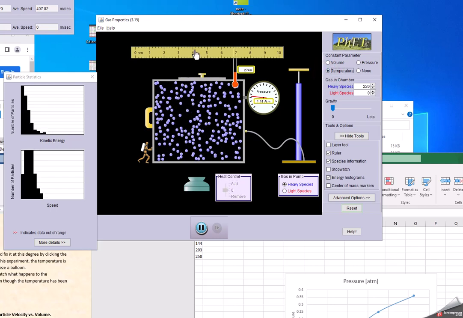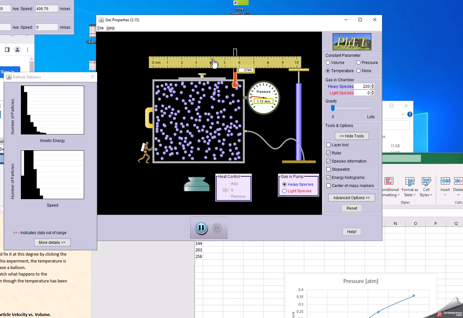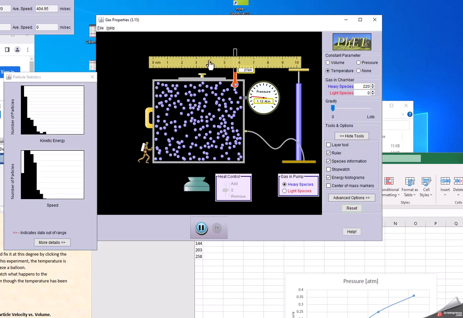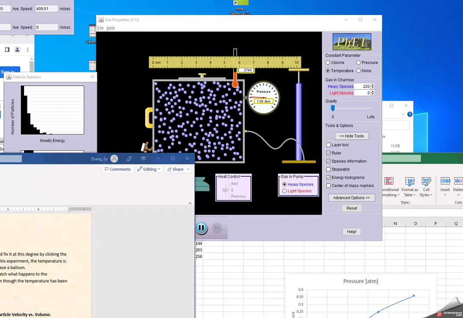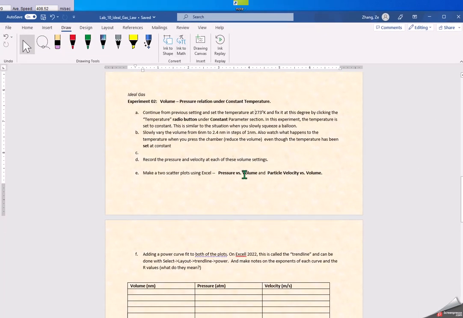Now we're going to vary the volume. The unit we just use, because we only change one side. Okay, where will it start? Actually we start from high volume, and slowly vary the volume from 6 nanometers to 2.2. Okay, because I already did.